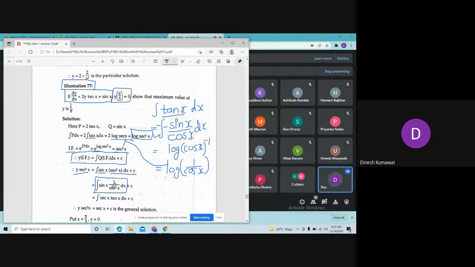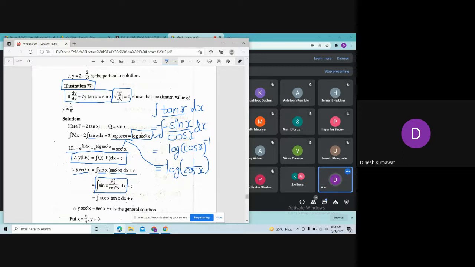The second way is to apply the substitution method. That is, you just put cos x equal to t. Then take the derivative. What is the derivative of cos x? Minus sin x. So minus sin x dx is equal to dt, so sin x dx is equal to minus dt.